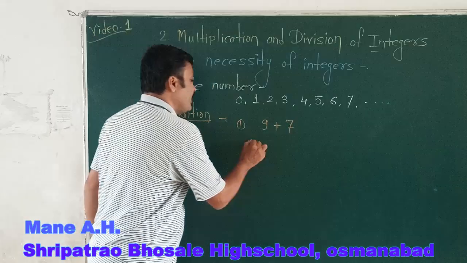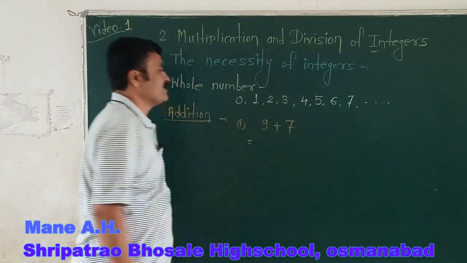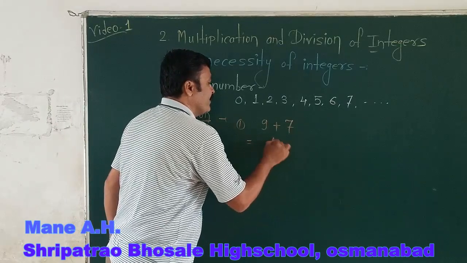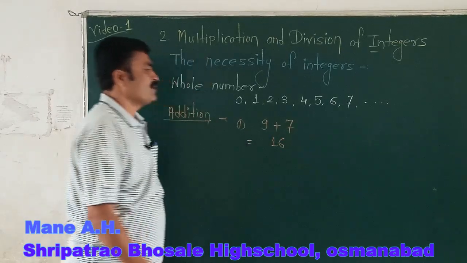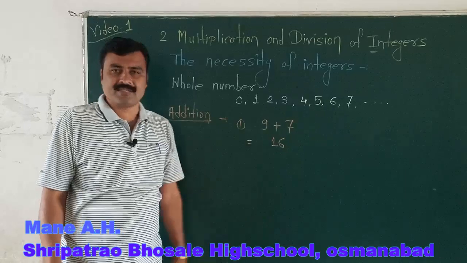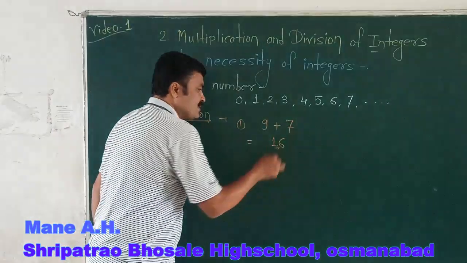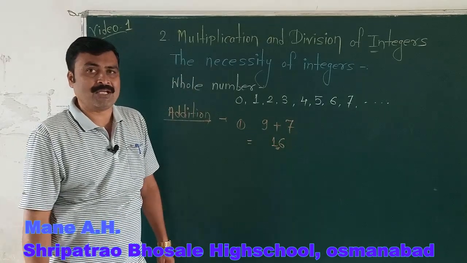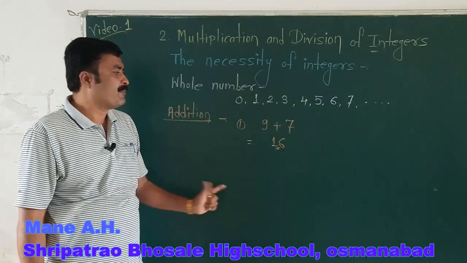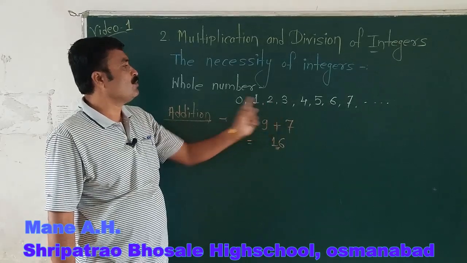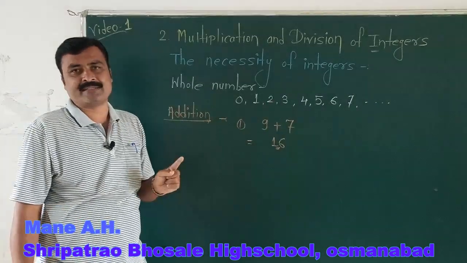If you add these two numbers, we get their sum as 16. So 9 plus 7, we got 16. Now, 16, the answer of addition, is called the sum. This 16 also belongs to the group of whole numbers.